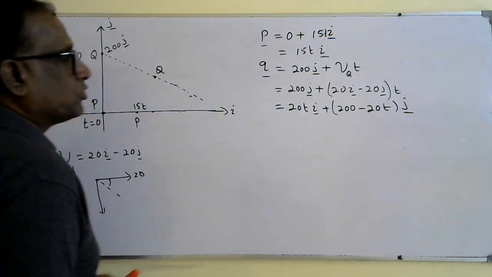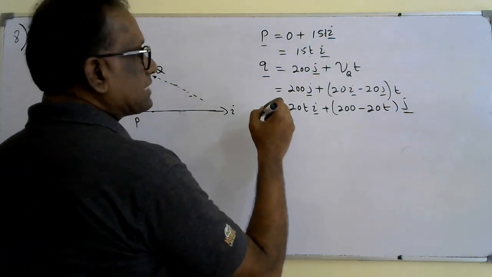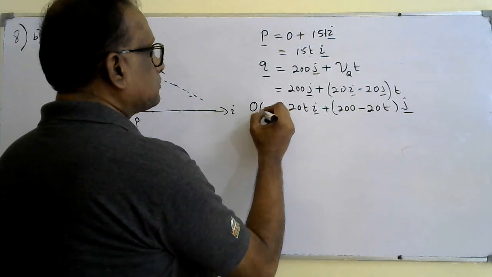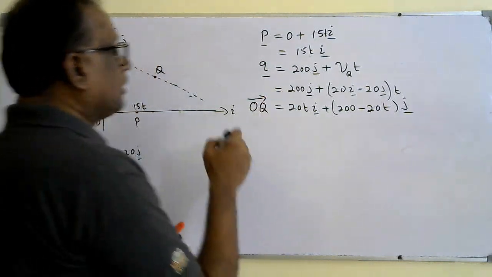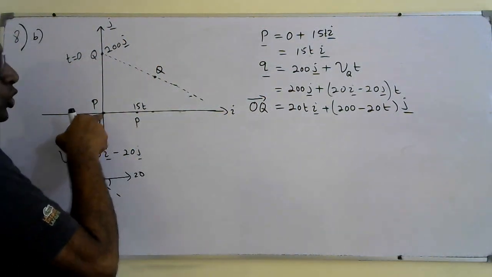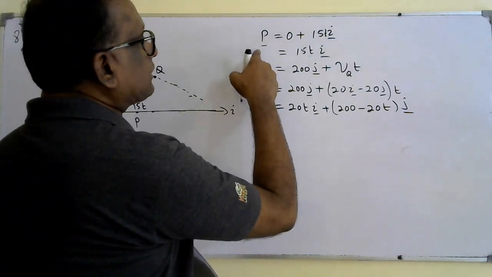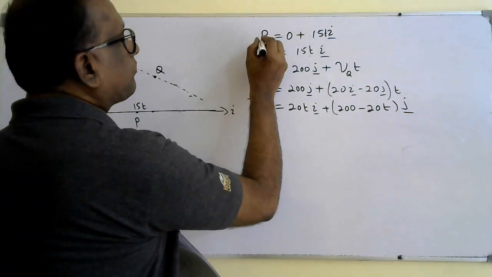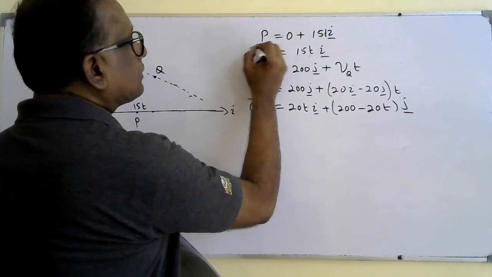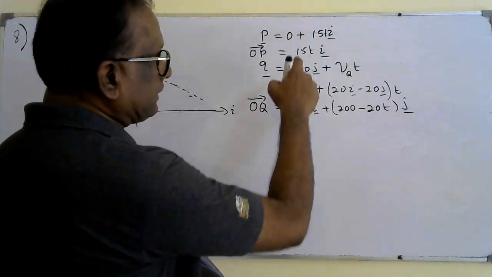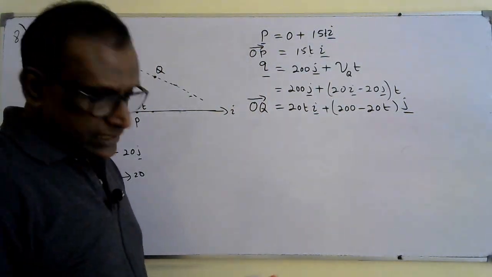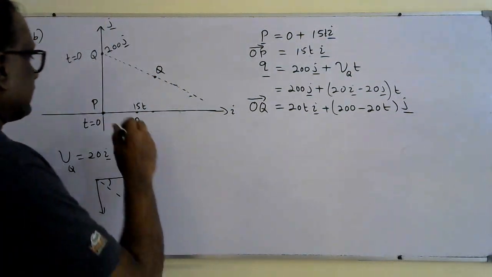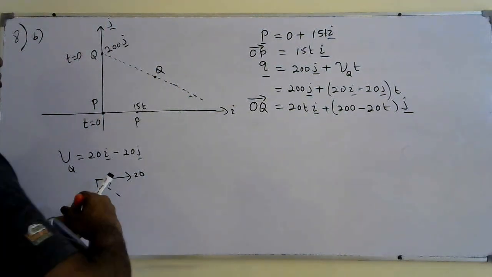That's the position vector of Q, that is vector OQ. All positions are measured from O. The position vector of P is vector OP, the position vector of P at time t. Okay, the question is find vector PQ. So we need to find vector PQ.